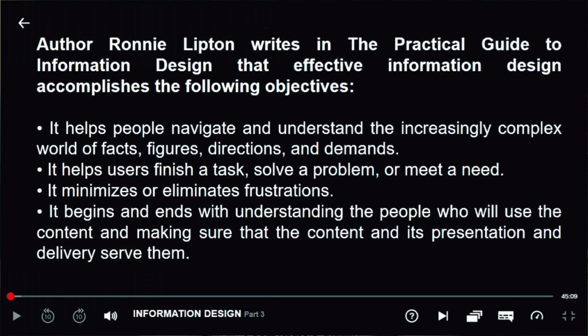And last is, it begins and ends with understanding the people who will use the content and making sure that the content and its presentation and delivery serve them. In short, your information design must consider that your readers will easily understand what you're trying to imply in your work.